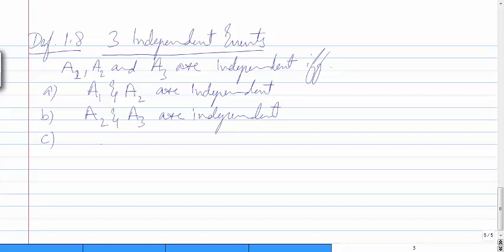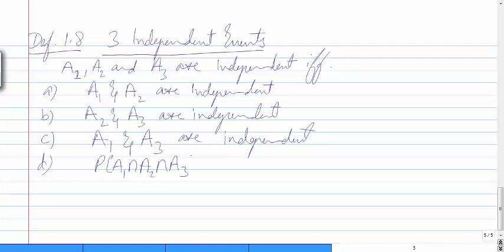Third condition is that A1 and A3 are independent. And the last condition, which is the main condition of independence, is that the probability of the intersection of A1, A2 and A3 must be equal to the product of the individual events' probabilities, that is, the probability of A1 times the probability of A2 times the probability of A3. So this is the definition when we extend it up to 3 events.